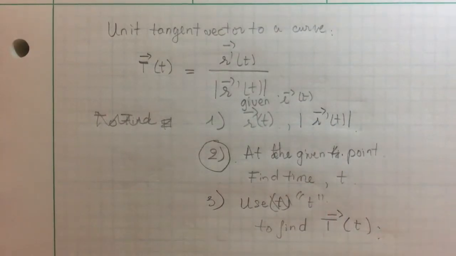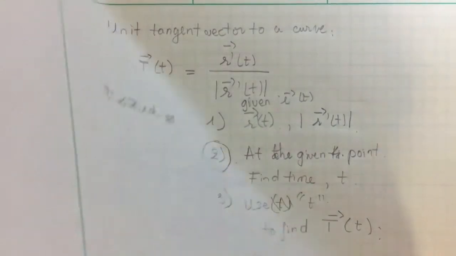And then we move on to smooth curves. I'm going to talk about the unit normal vector and the binormal vector. The unit normal vector is defined by N(t) equal to T'(t) over the magnitude of T'(t).